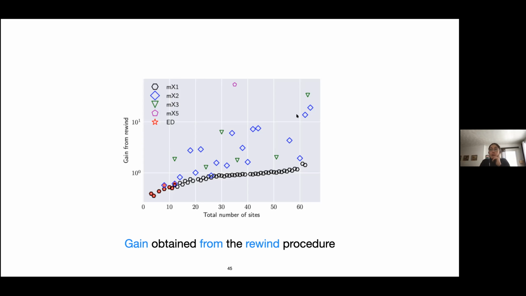The graph is pretty scattered, but we still see that we seem to have an increase in the gain from the rewind procedure when you grow your lattice size, or when you decrease the gap. The gap is linked to the lattice size, but it's also linked to the shape. And so yes, we see that we have a gain from the rewind procedure.